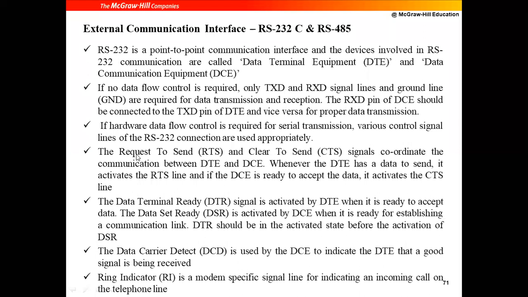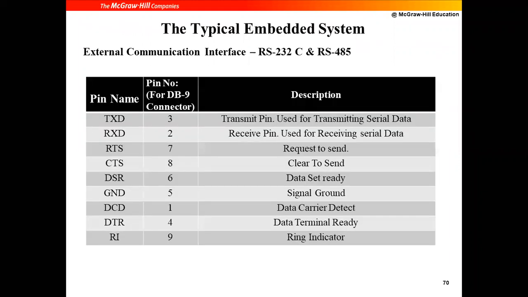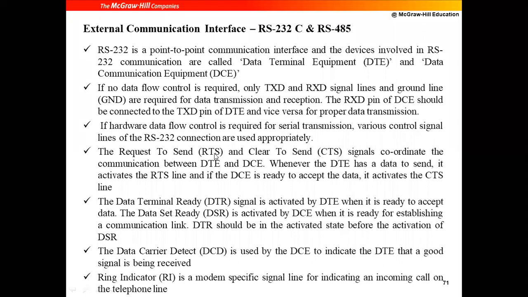Remember, I'm talking about DTE, the device one. If the DTE equipment has some data to transfer, before sending the data a handshaking signal, that is nothing but ready to send, will be generated. Here pin number 7, this RTS signal, will be generated by the first device and transferred to the second device, which is data communication equipment, DCE.